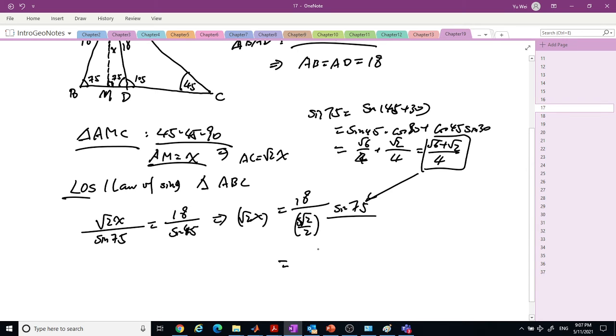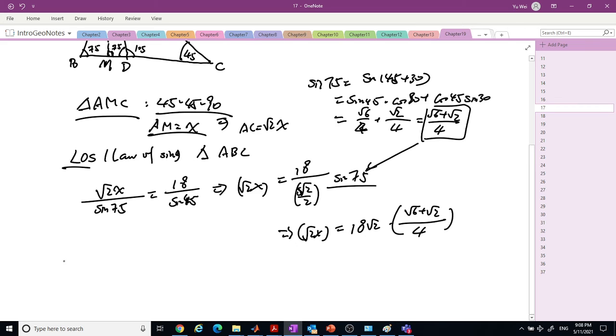Then you will get root 2x equals 18 root 2 times 4 over root 6 plus root 2. Okay, and now you can use the area formula.